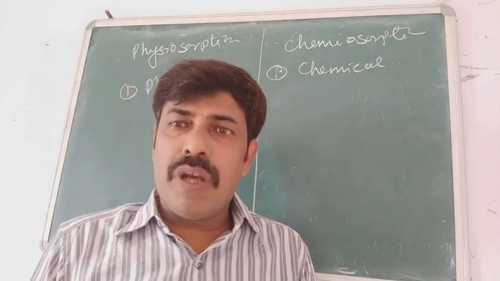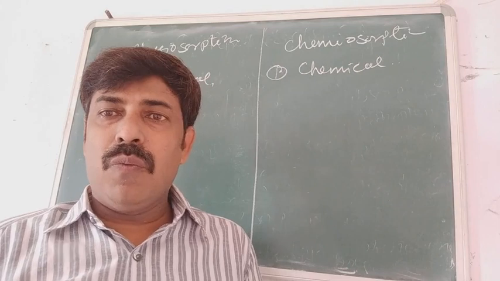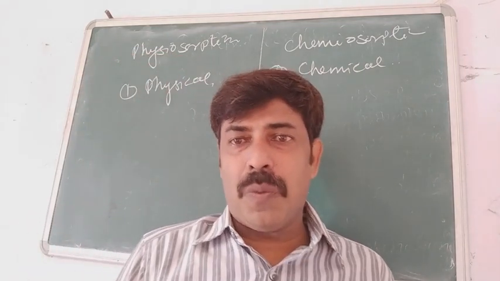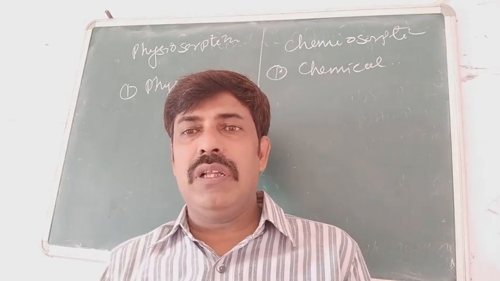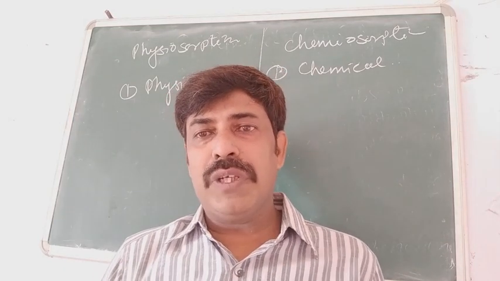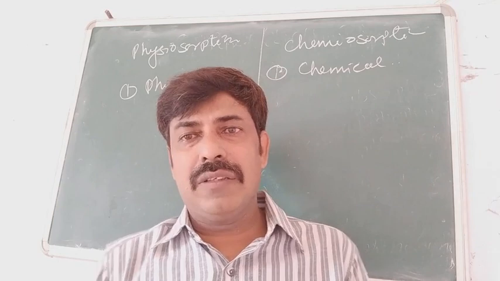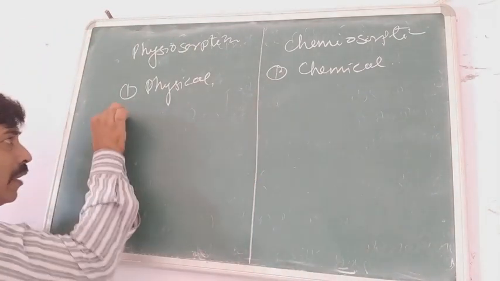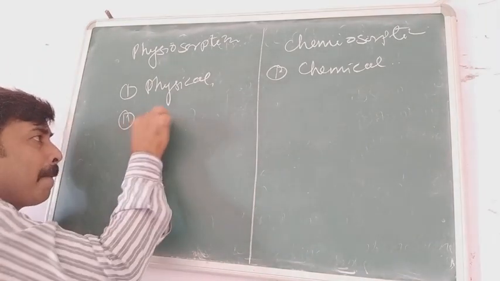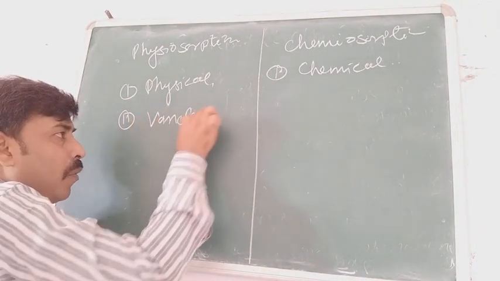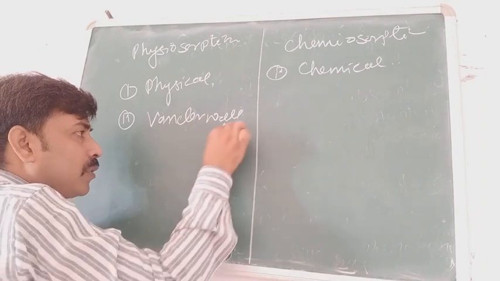So when we are talking about the physical and chemical process, what are the forces which will be responsible for such type of phenomena? Surely if the process is physical, there will be some physical force responsible for such attraction. So in the case of physical adsorption, the force which is acting is van der Waals force.